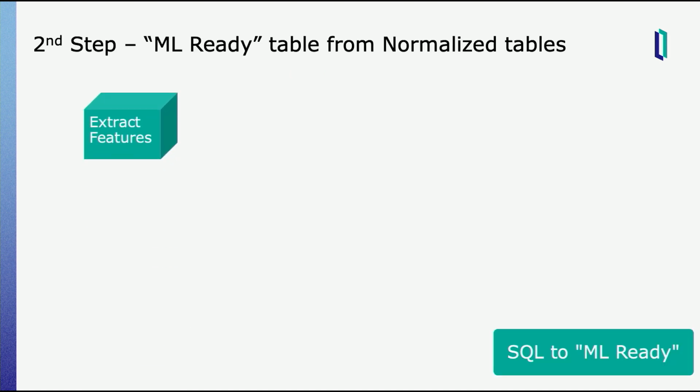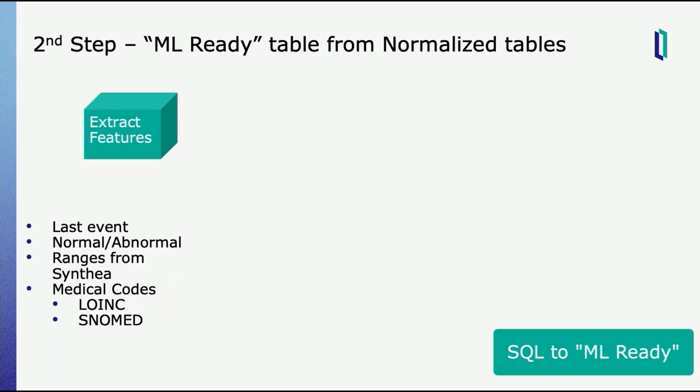So then on to the next step, getting it into ML-ready format. We took those features, and in each of those individual tables, we pretty much just picked the last, or the latest, event. And we categorized the lab results as normal or abnormal, and we got those ranges from inside the Synthea source code.